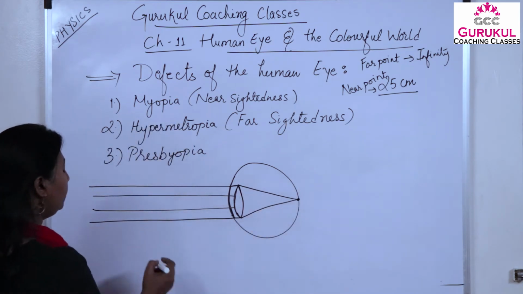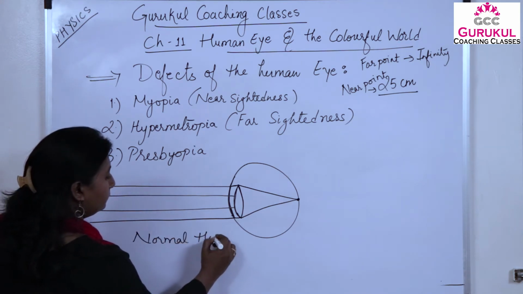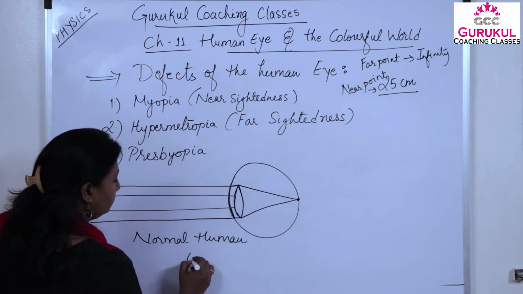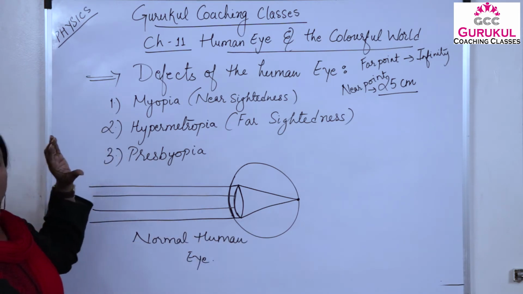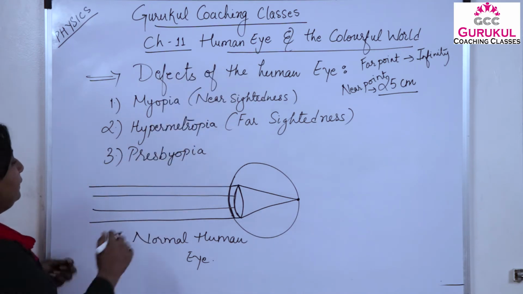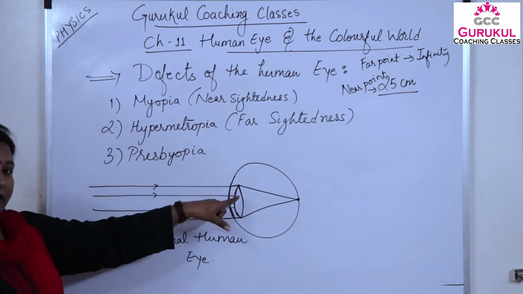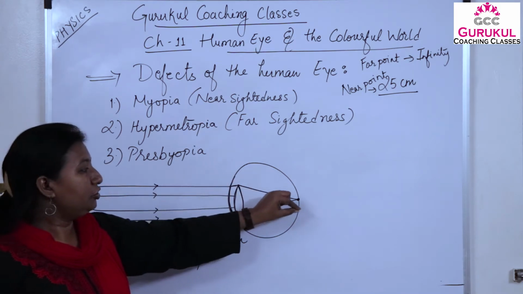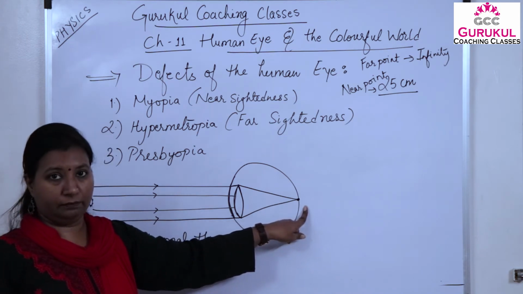This is the normal human eye. In a normal human eye, we can see up to infinity. So when the parallel beam of rays are incident on our eye lens, it will converge and form the image of the object on the retina.